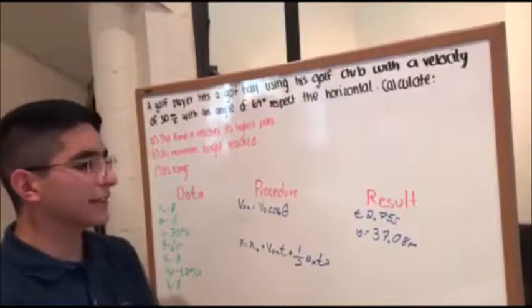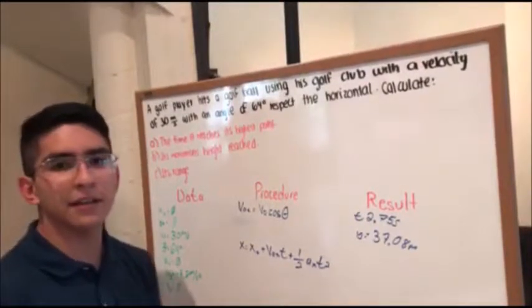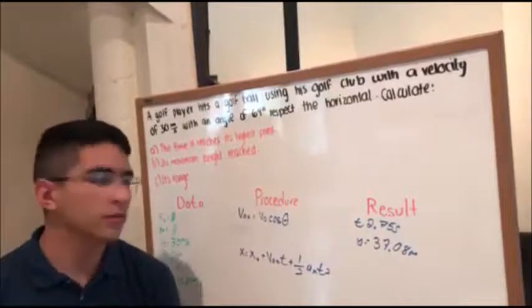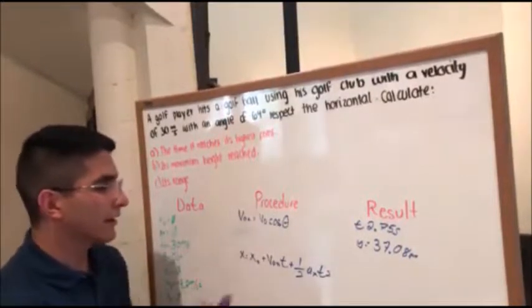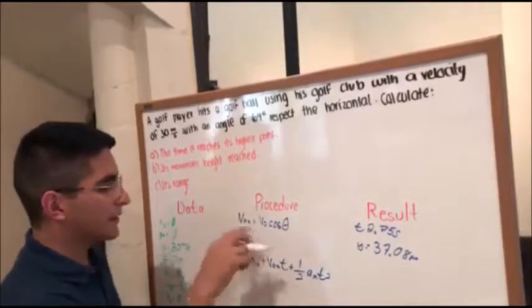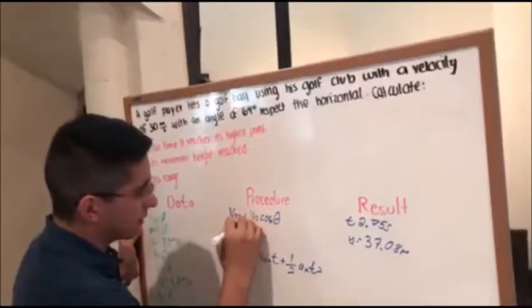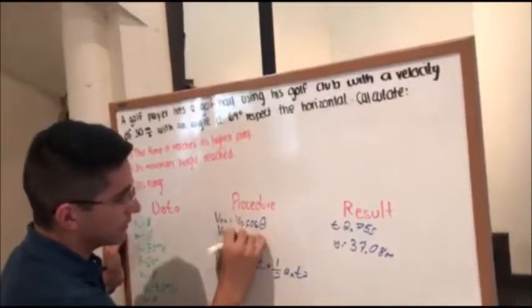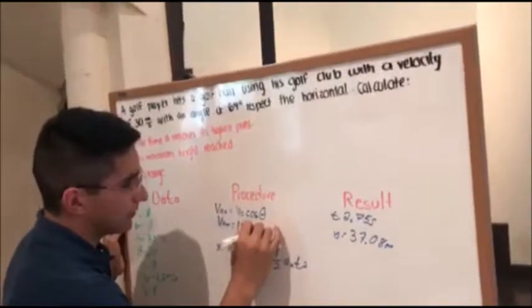Okay, to obtain the range, first I need the horizontal velocity, and to get it, I need this formula, and if I change the values, the horizontal velocity will be 13.15 meters per second.